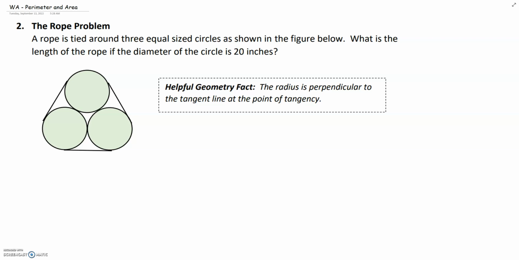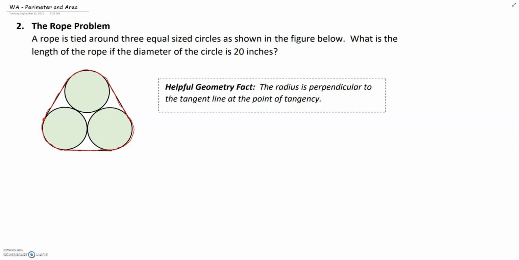If you think about what is considered that rope, let's say we start here, that rope goes here, and then it's this much of the circle, and then it has this straight line, and then this part of the circle, and then this straight line, and then this part of the circle.